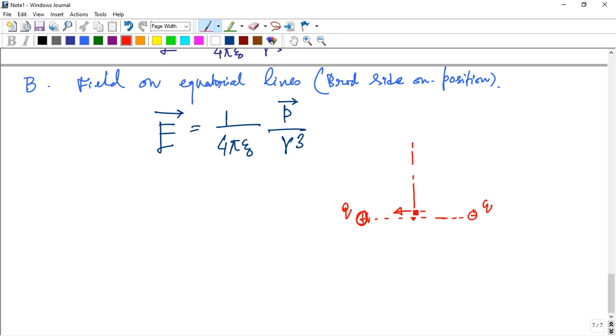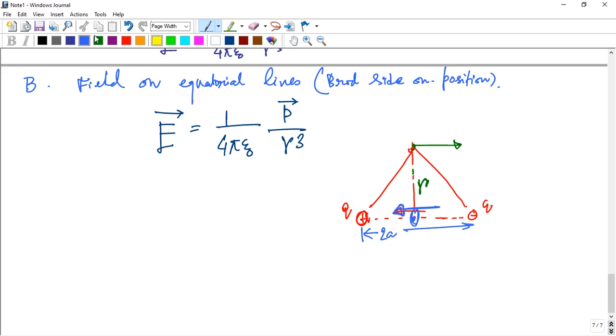Suppose this length is P. The electric field in that direction, suppose that's R, and obviously this length is twice A. That's the dipole center, and that's the dipole moment vector, from minus to plus.